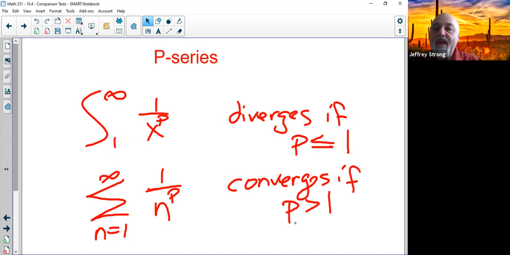So if we compare our series to a p series, and we want to compare it to a diverging series, then let p be less than or equal to 1. If we want to compare it to a converging series, then we choose p to be greater than 1. And so a P series is great to compare to because we know if it diverges or converges.